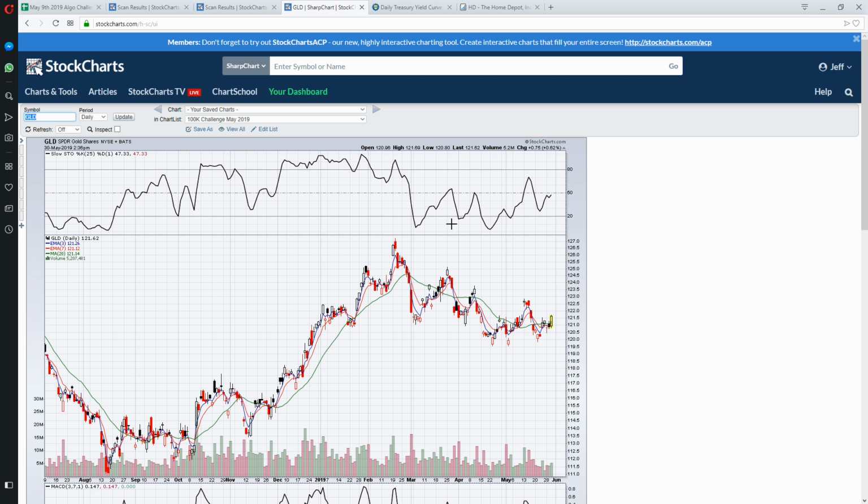And again, this isn't in the algorithm. This is just me trying to visually show it. But the stock is trading on the higher side of its range over the last month. The low side of the range here on GLD has been down here at 119.5. The upside here has been 122.70. And where it sits right now, it's actually on the higher side.